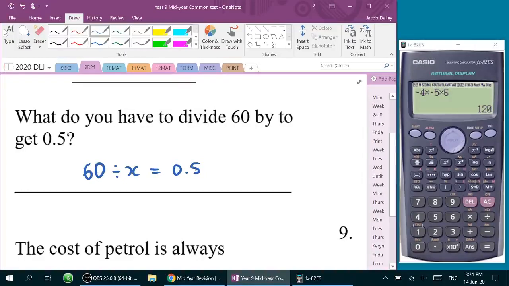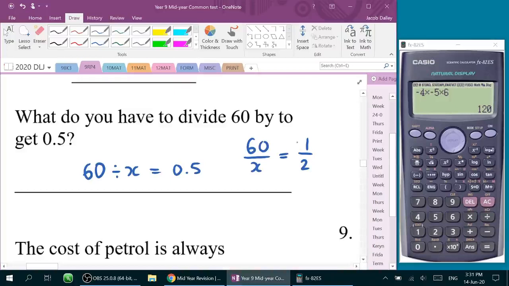So a way of thinking about this would be to change division to fractions. Another way to express this would be 60 over x equals 1/2. So actually this is an equivalent fraction to 1/2.